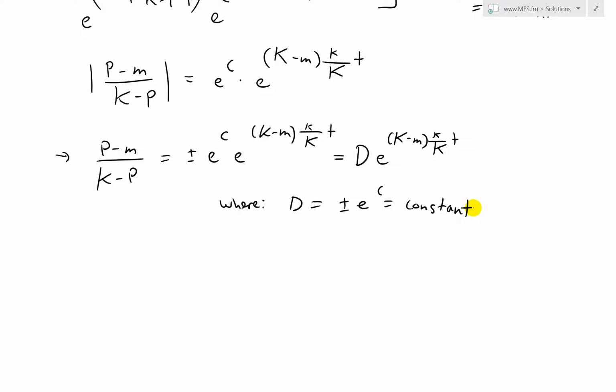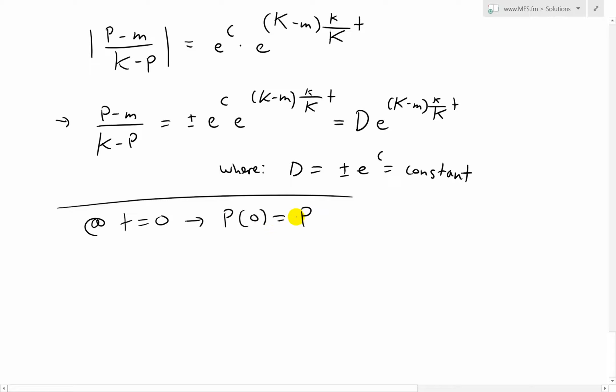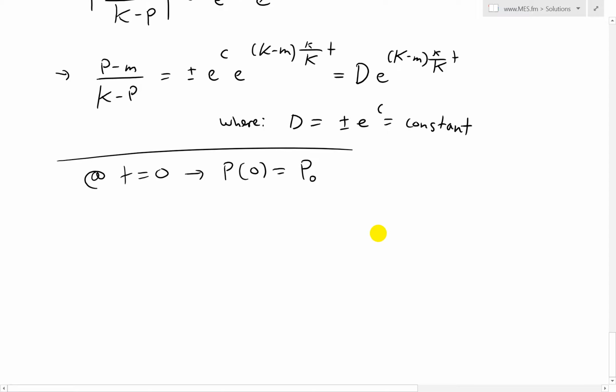And now we can solve for this constant d, and that's basically by plugging in our value right here at t equals 0. We're told to use p of 0, as a placeholder, p subscript 0, p0, like that. So when you plug that in, we can find d as a function of this initial value.